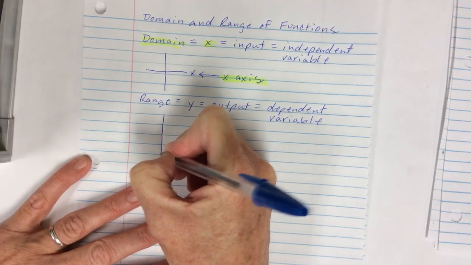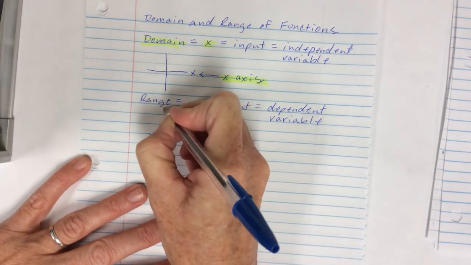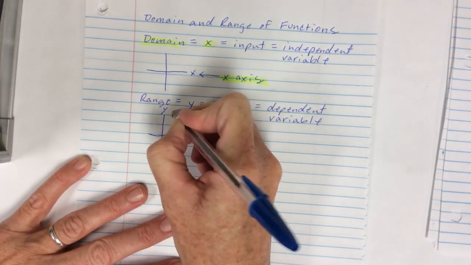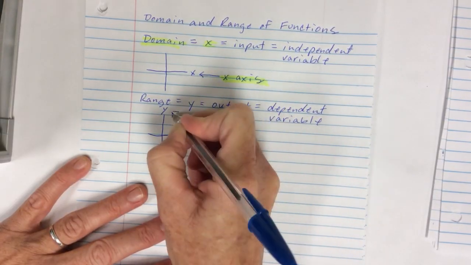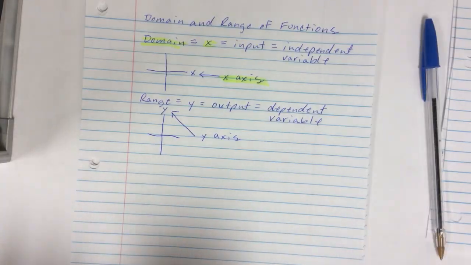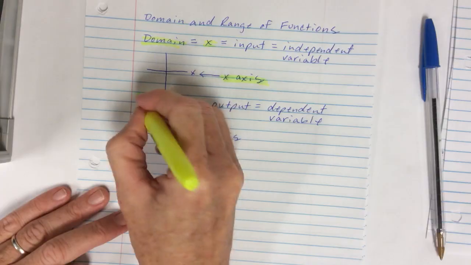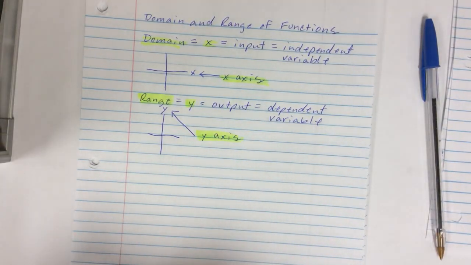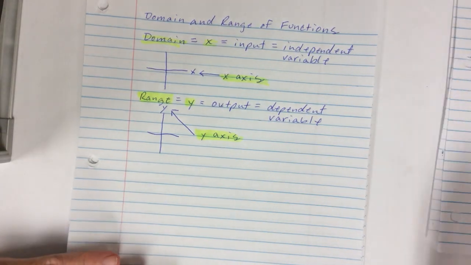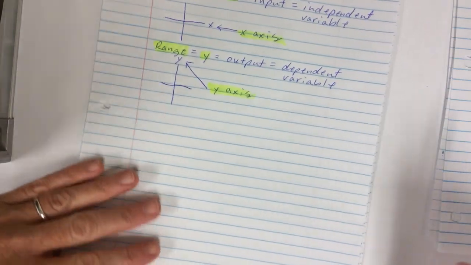It can be found on the y-axis. Okay? So we have domain, we have range. We'll talk about more of those in a second.